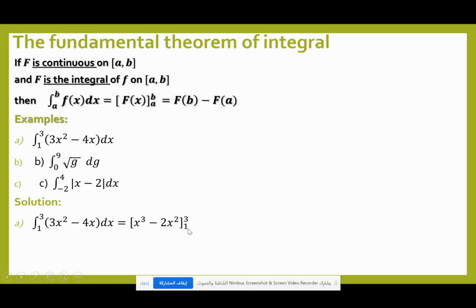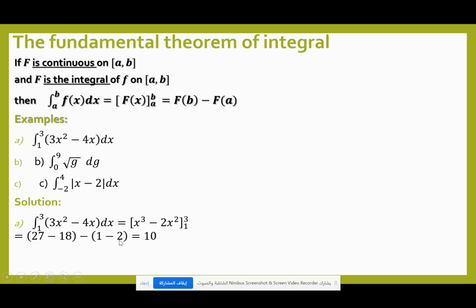Now you have to replace x from 1 till 3 to evaluate this integration. Here is 3. Let's cube it: you will get 27. 3 squared is 9, multiplied by 2 is 18. Then we finish calculating for 3. Let's go to 1 and do the same. 1 cubed is 1, and 1 squared is 1, multiplied by 2 is 2.